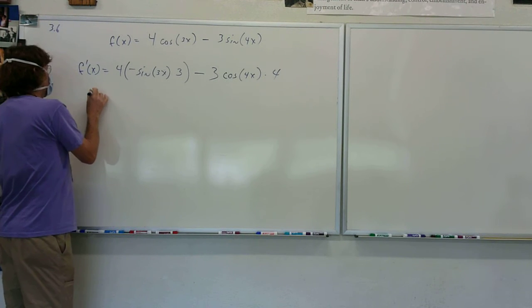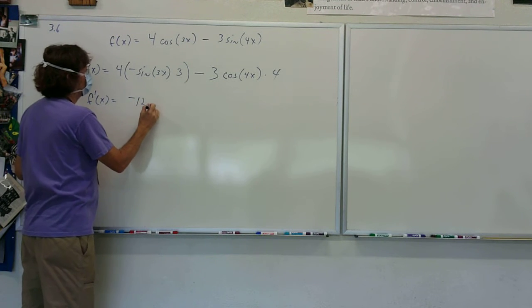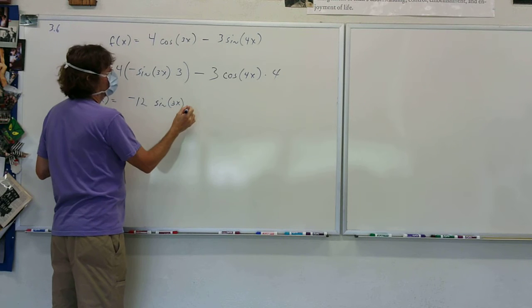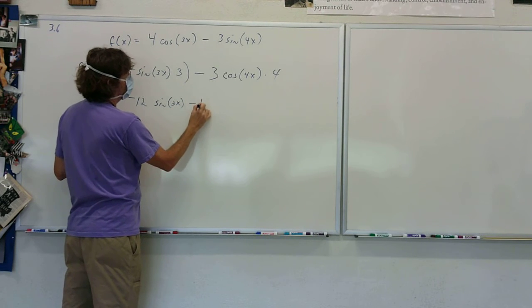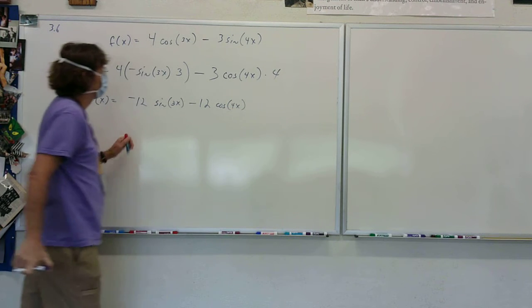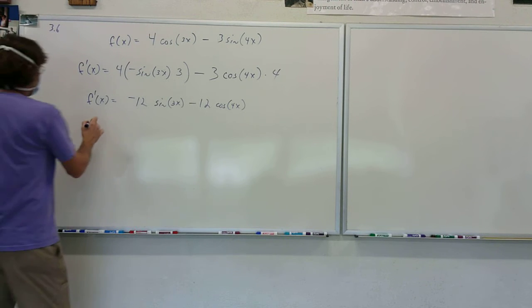F prime of x equals -12 sine 3x minus 12 cosine 4x. I know I'm going to factor out a -12, right? Yep. Okay.